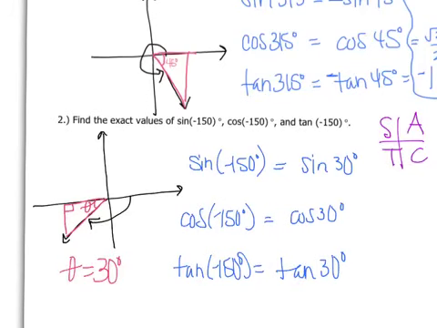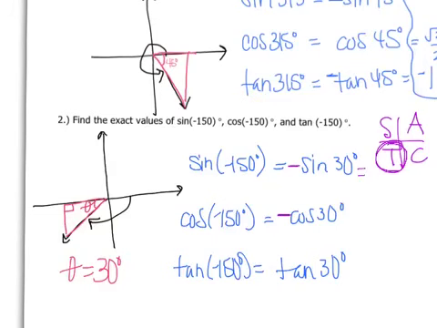We are in the third quadrant over here, so what's positive? Tangent. Tangent is positive. That means the other two are negative. Okay? If tangent's positive, the other two are negative, and then we're going to use our chart.